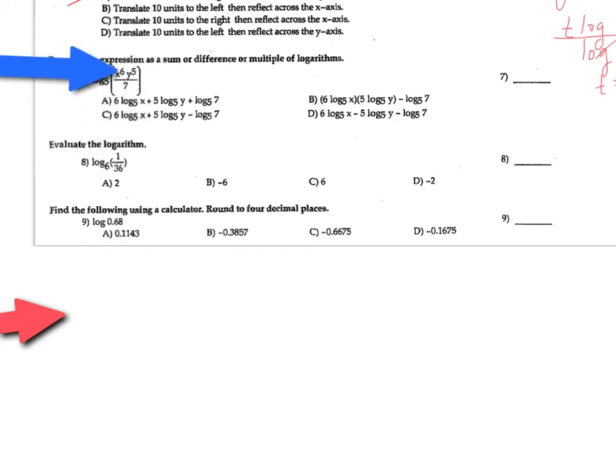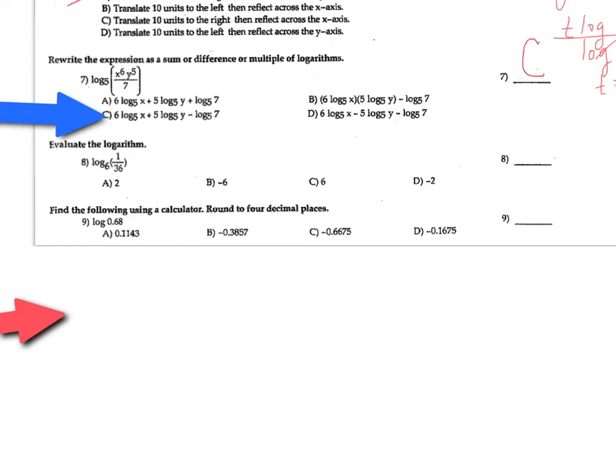So that 6 goes to the front, so it's 6 log base 5 of x. And the 5 goes to the front, so that would be 5 log base 5 of y. And why is there a minus here for C? Because it's divided. Every time you divide, that means minus, and then log base 5 of 7. So it is letter C.